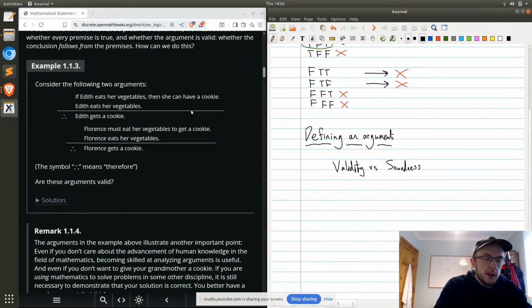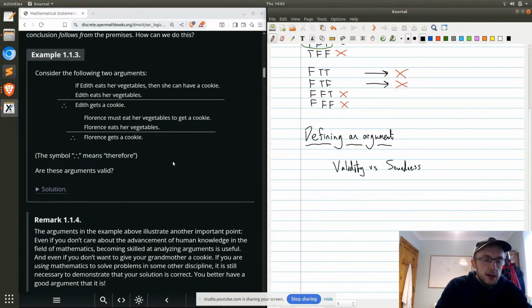Therefore, Edith gets a cookie. Florence must eat her vegetables to get a cookie. Florence eats her vegetables. Therefore, Florence gets a cookie. That little symbol there with the 3 dots, like the vertices of a triangle, means therefore. And if it's upside down, then it would symbolize because.